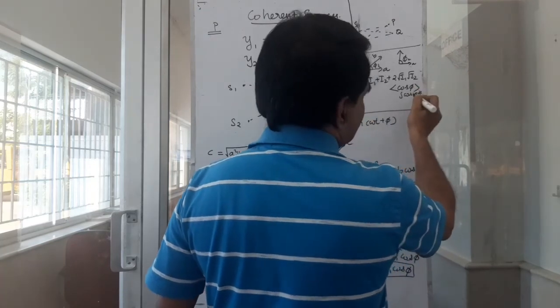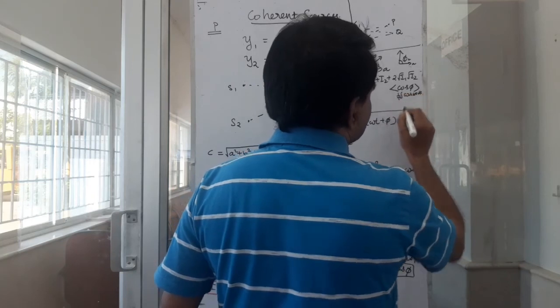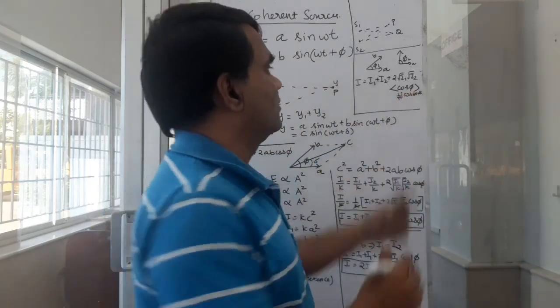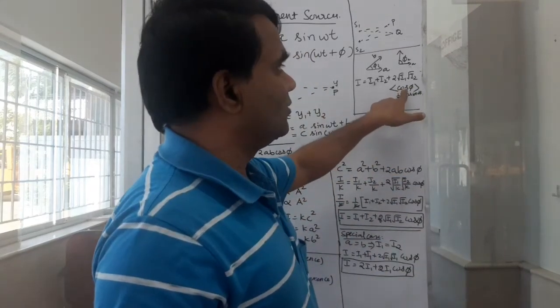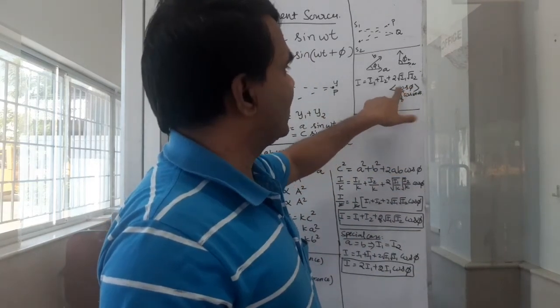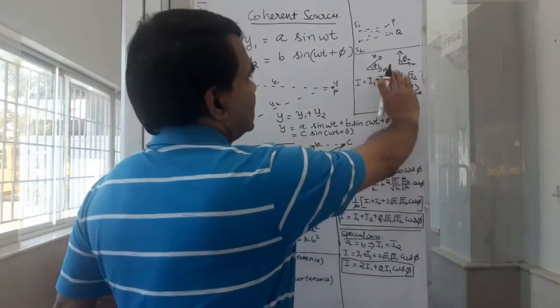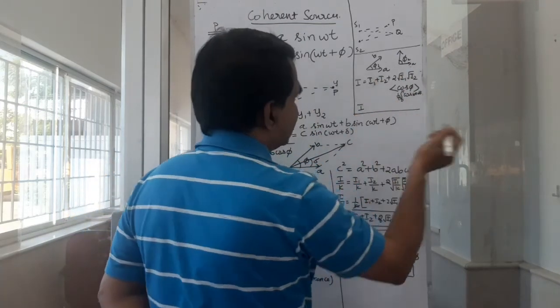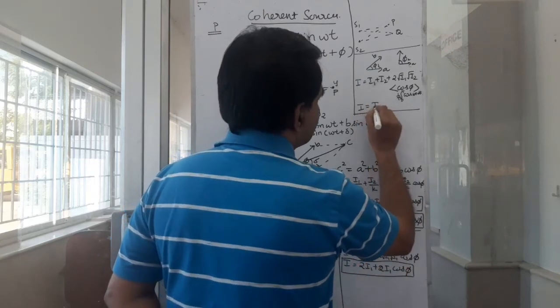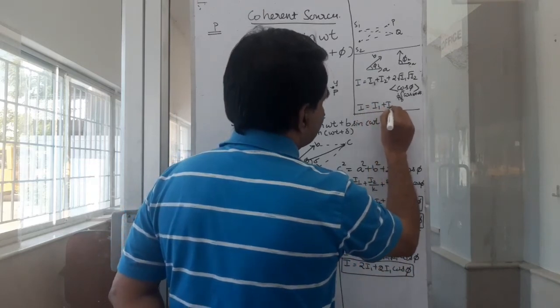It's not a constant now. When you do this from 0 to t for one cycle, this value becomes 0. Because the average value becomes 0, this term goes away, and as far as incoherent sources are concerned, you are going to get I is equal to I1 plus I2.